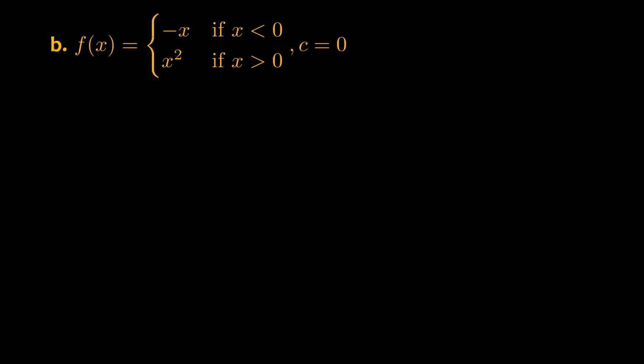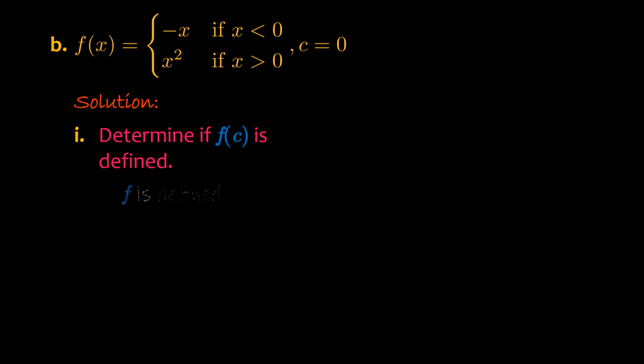B. f of x equals negative x if x is less than 0, and x squared if x is greater than 0, with c equals 0. Solution. First, determine if f of c is defined.